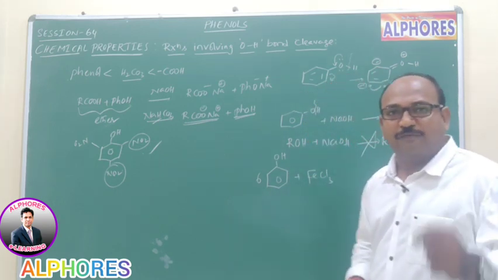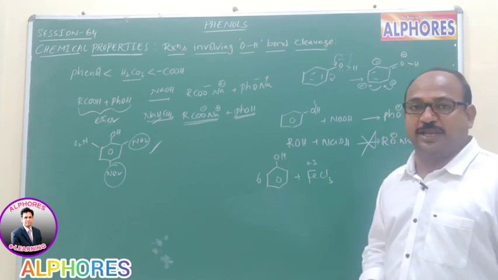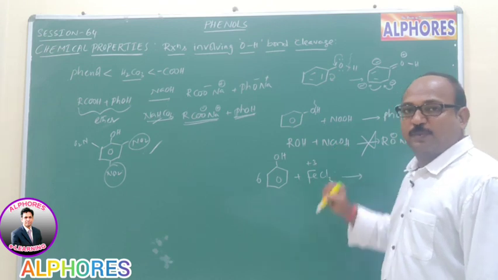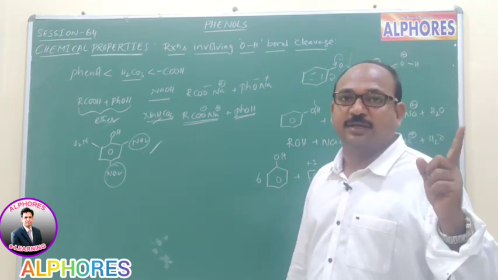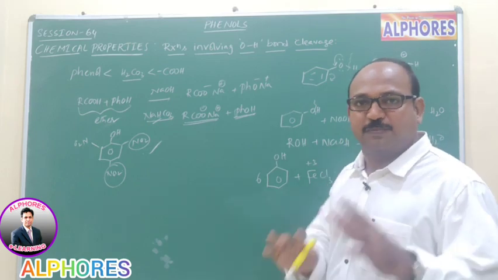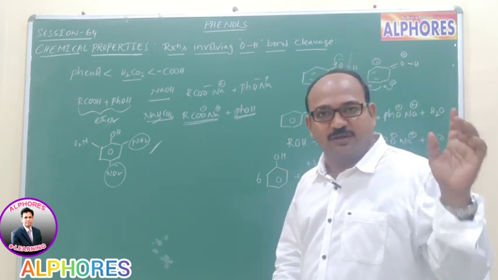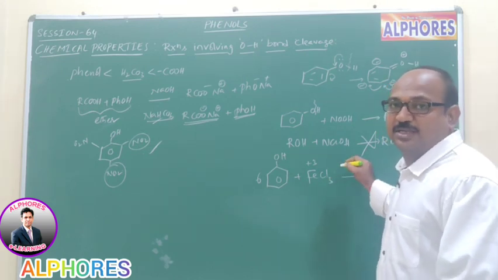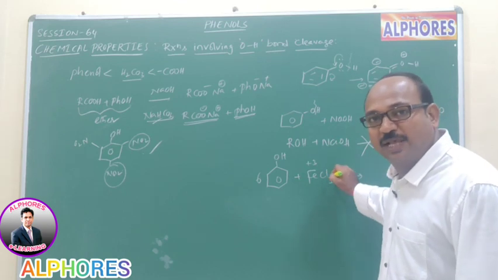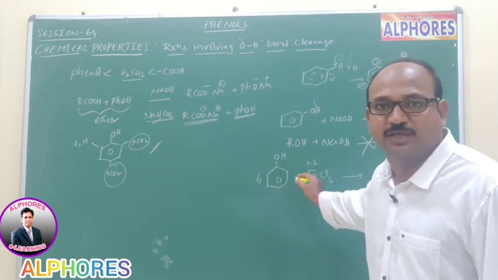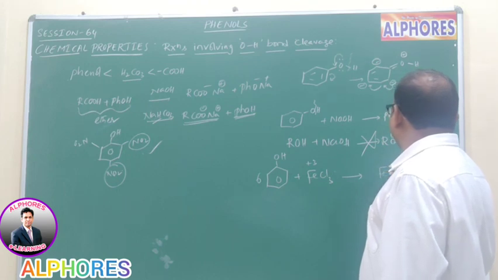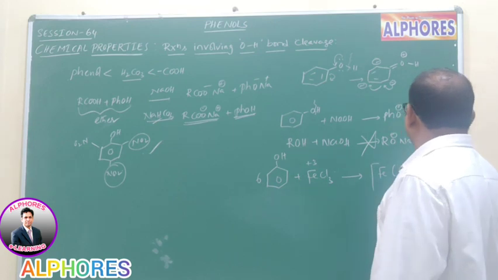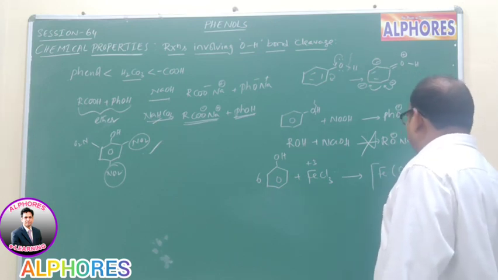As we know, in FeCl3 the oxidation number of iron is plus 3, but the coordination number of iron in general is 6. Here the 3 Cl minus ions get ionized, and this Fe3 plus is coordinated with 6 phenoxide ions. Then we get Fe(OC6H5)6 whole minus 3 plus 3HCl.